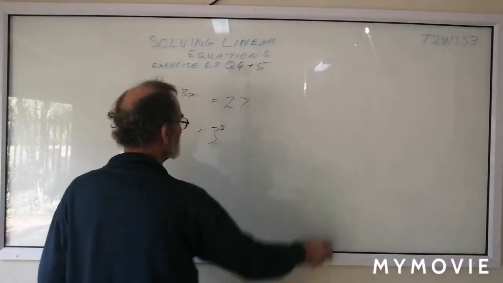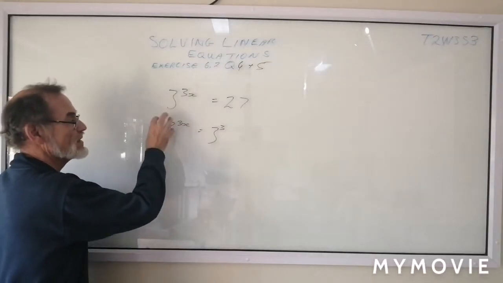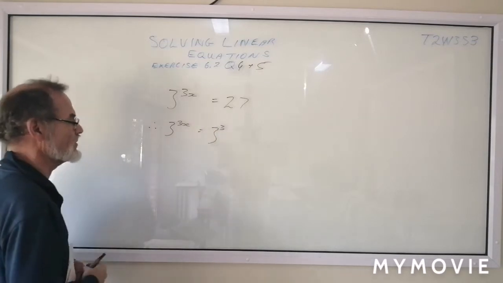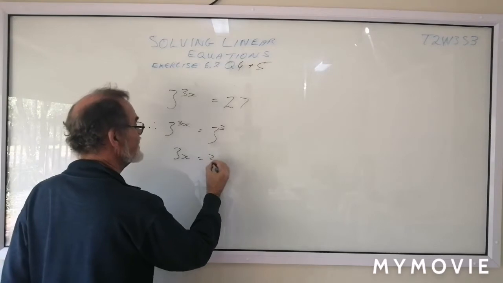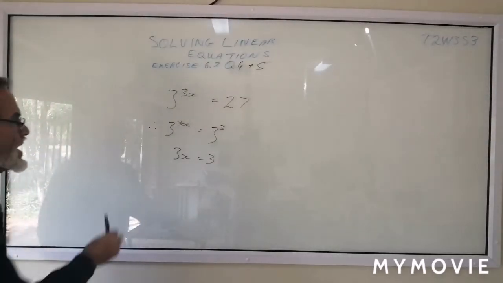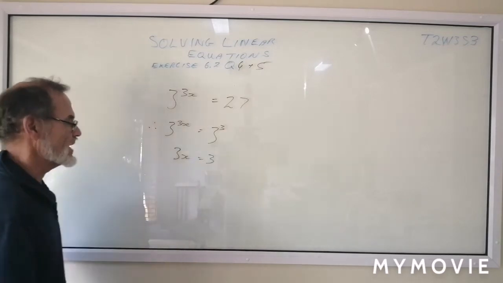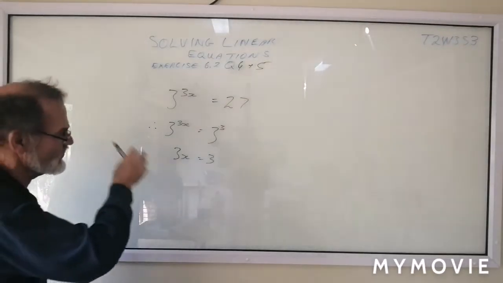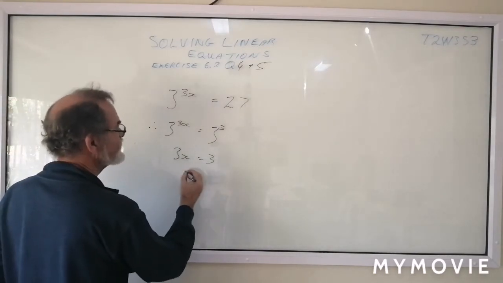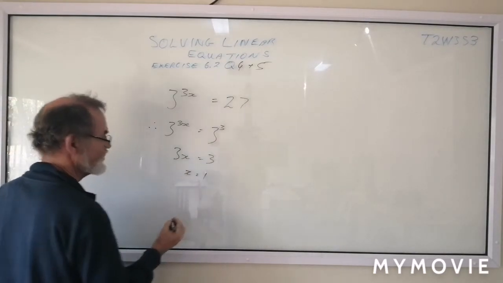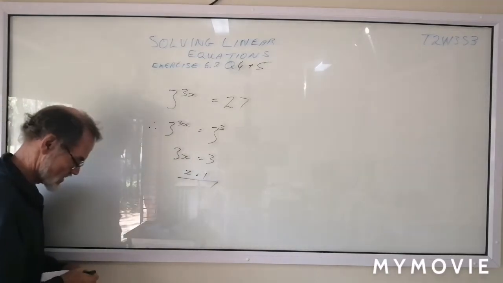Now the rest of this is very easy, because the only way that this whole thing can be equal to that thing is if 3x is equal to 3. If we have the same base, we can just equate the powers. Now we can solve it, and you can actually solve this by inspection, because this can only be true if x is equal to 1. Or you can divide both sides by 3, you'll get the same answer.